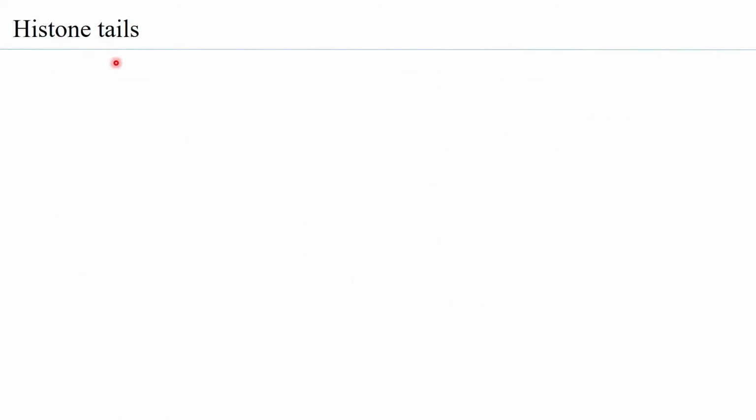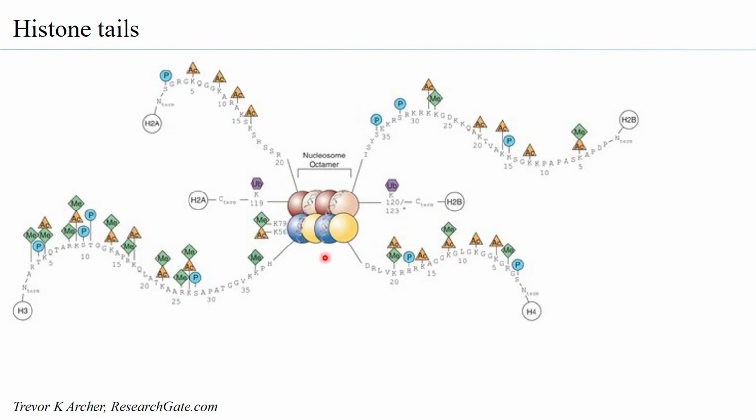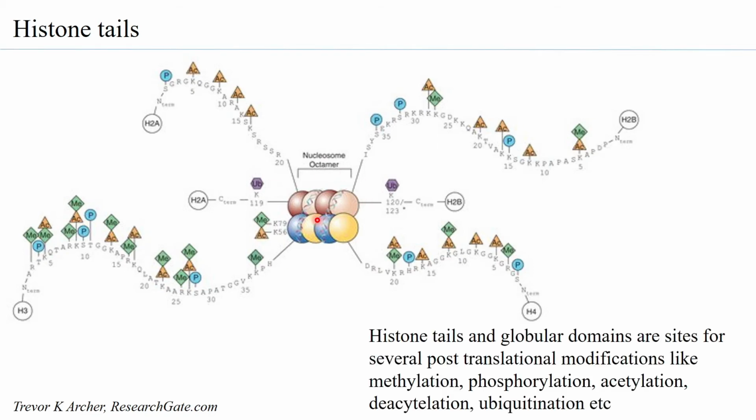Looking at the histone tails in a little more detail, when you have the octamer present, you have the N terminus of H2A, the N terminus of H2B, H3 and H4 extending out of the nucleosome octamer. It is interesting to notice that these histone tails are actually regions of several post-translational modifications.